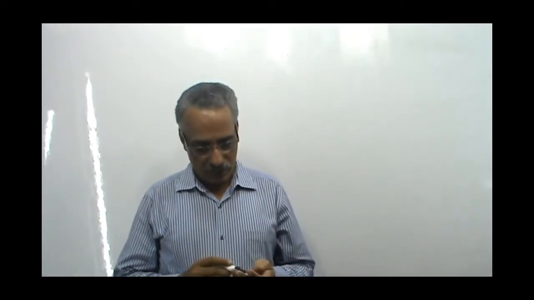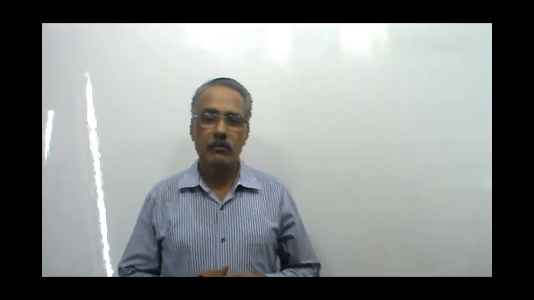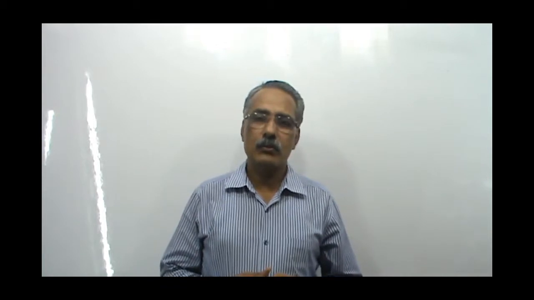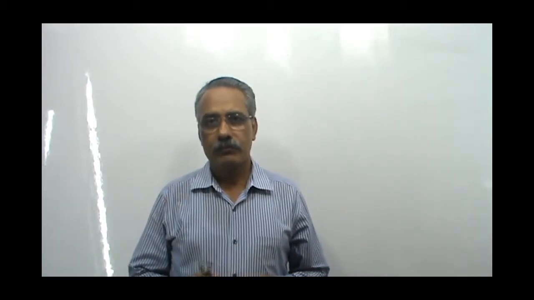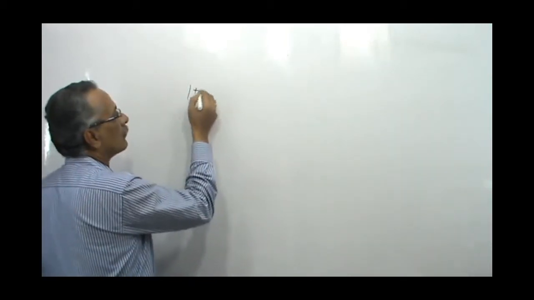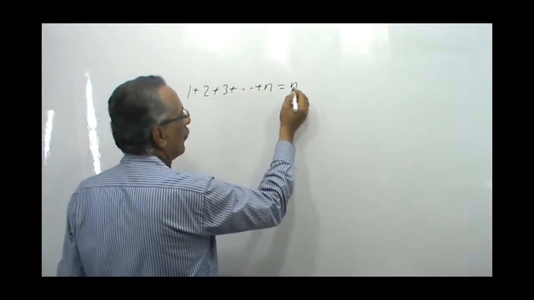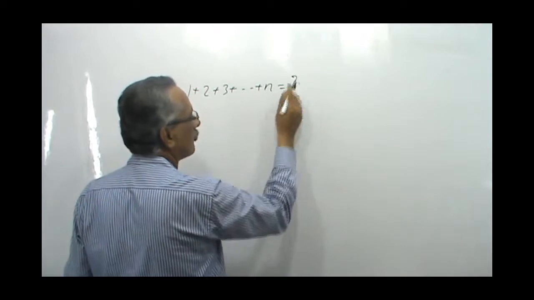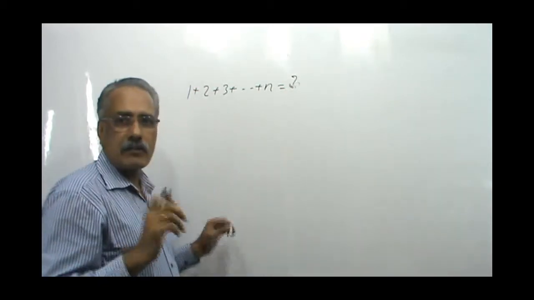For example, we know that the sum of the first n natural numbers is n into n plus 1 by 2. That is, 1 plus 2 plus 3 plus up to n is equal to n into n plus 1 by 2. Now suppose we ask what is the value of 1 plus 2 plus 3 plus etc. up to n. This answer cannot be obtained by mathematical induction.